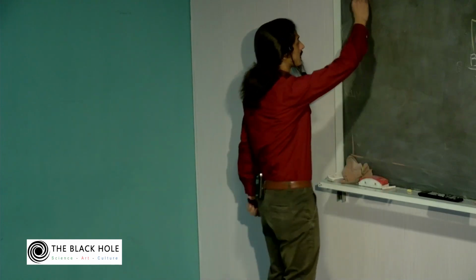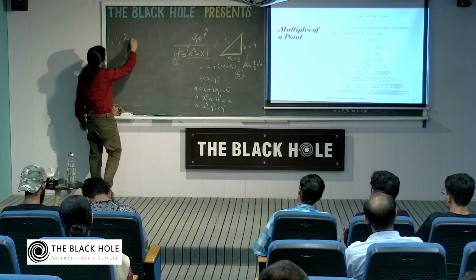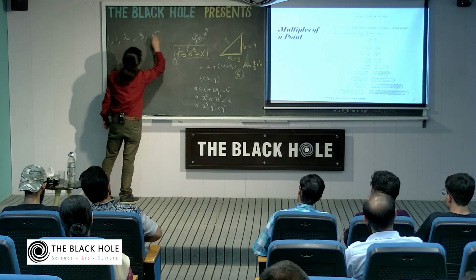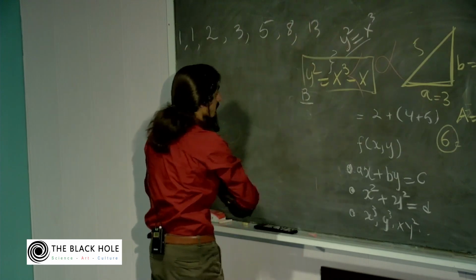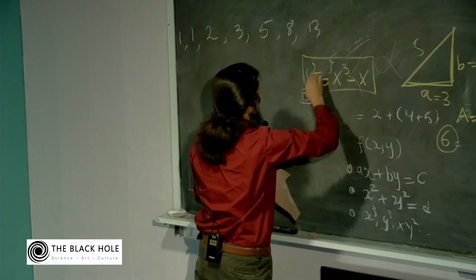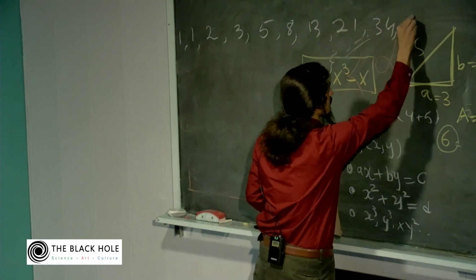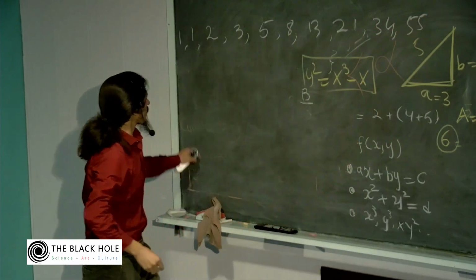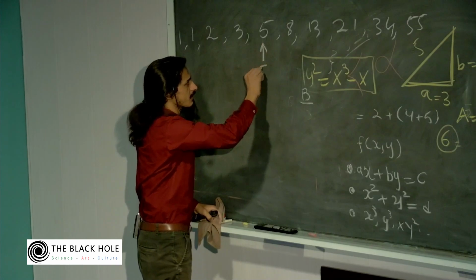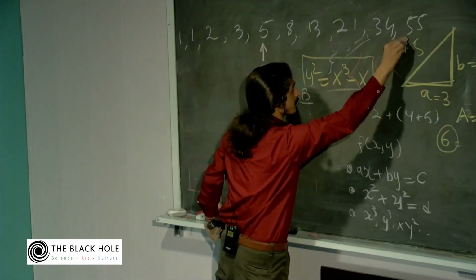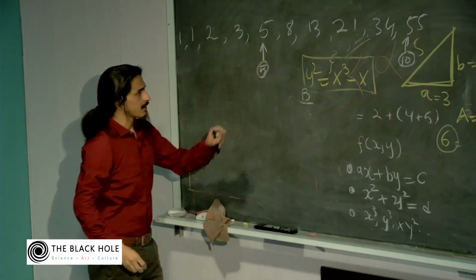One reason for calling them division sequences is this: let's take the example of the Fibonacci sequence once again. 1, 2, 3, 5, 8, 13, 21, 34 and 55. First Fibonacci, second, third, fourth, fifth. So notice that this is the fifth Fibonacci number and this is the 10th Fibonacci number.